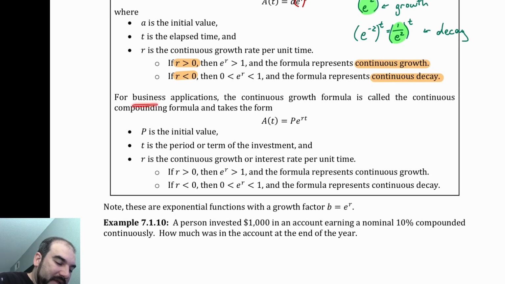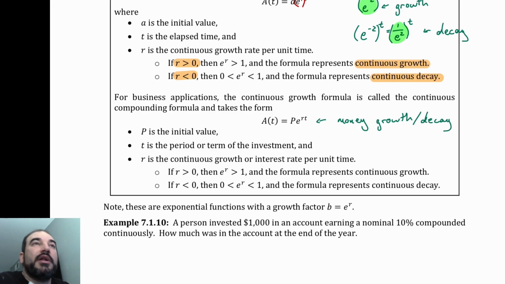In business applications specifically, when we're talking about money, so this is the money growth or decay formula, just like the last formula that we dealt with, where we said compounded monthly or yearly or daily or quarterly.